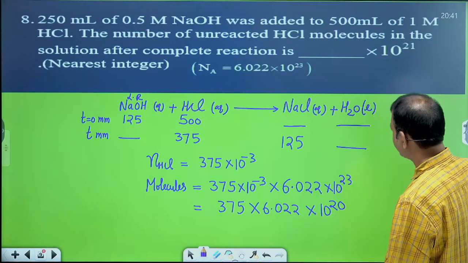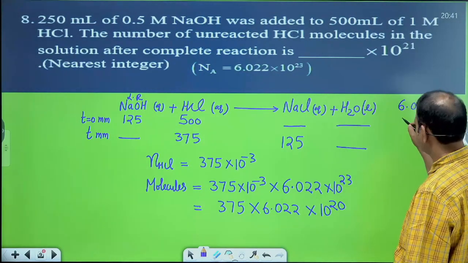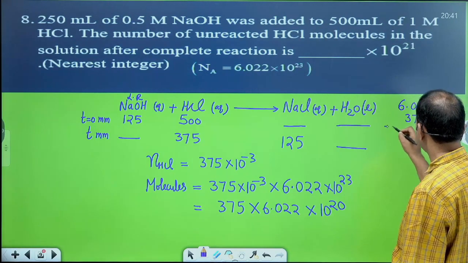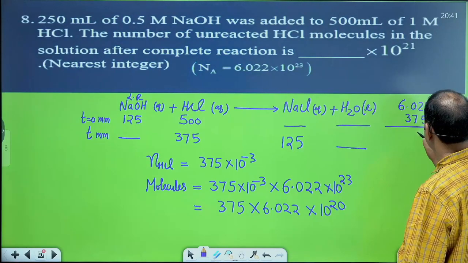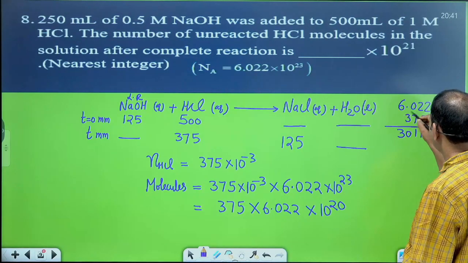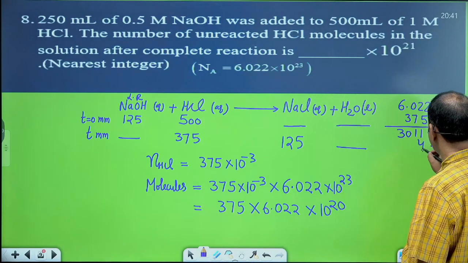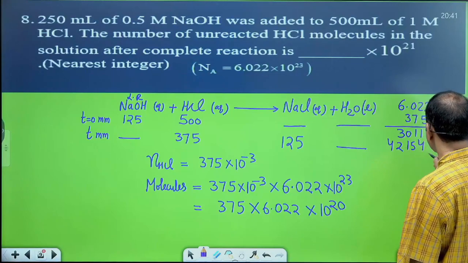So now if we multiply 6.022 by 375, we should write here 5 into 2 is 10, 5 into 2 is 10, 10 plus 1 is 11, and this will be 30. Then multiplication of 6.022 by 7, so this is 14, this will be 15, and this will be 42.